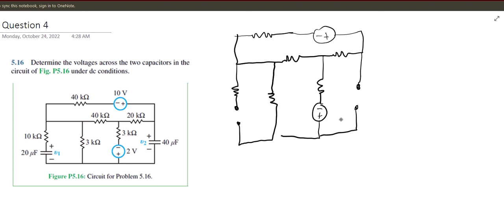Okay, so this is how the capacitor acts under DC conditions.